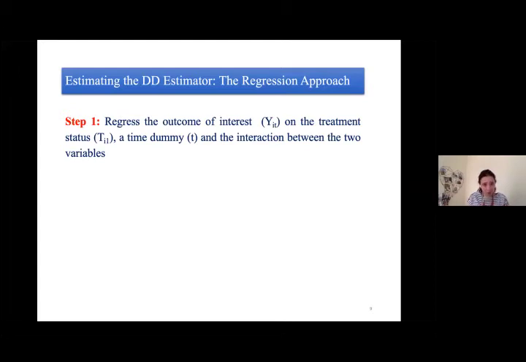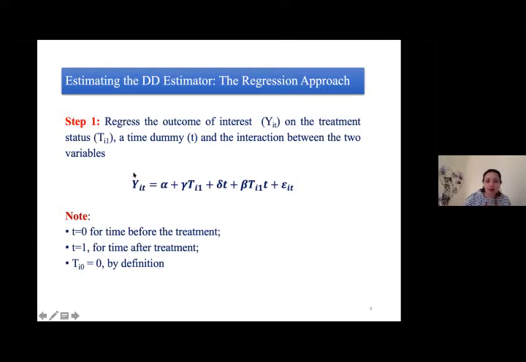I will regress it on the treatment status, whether the individual at period 1, which means the period after the implementation of the program, is treated or not. I will include a time dummy equal to 1 for the period after the implementation, 0 otherwise, and an interaction variable between the two variables.